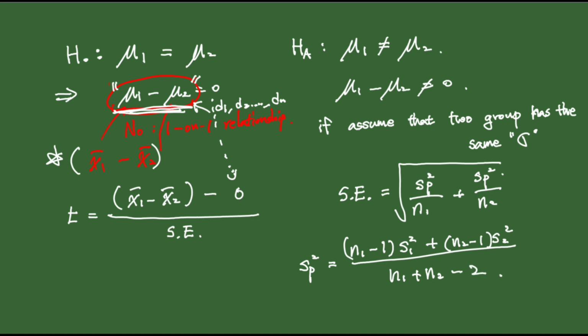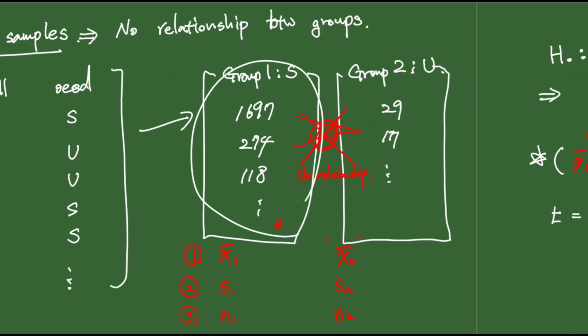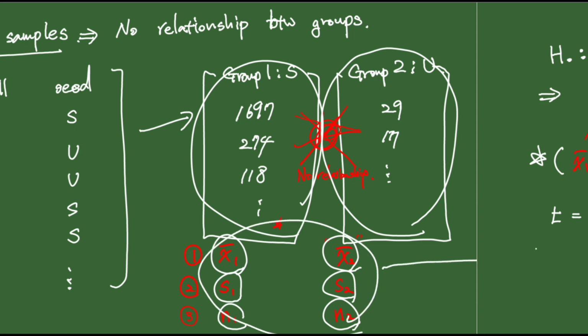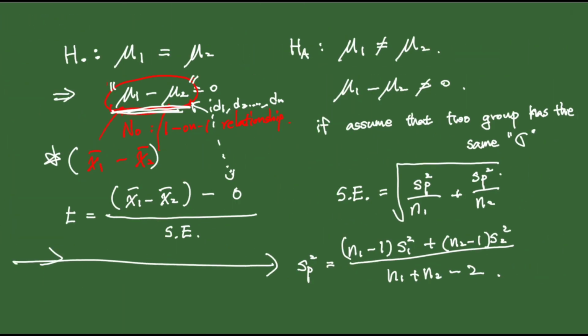So I know this is hard, but we already know what S1, N1, and X bar are, right? From the data, if we have this data, we can calculate X1 bar, S1, N1, and if we have this data, we can calculate X2 bar, S2, N2, and then we can use these 6 numbers to calculate this SP square.